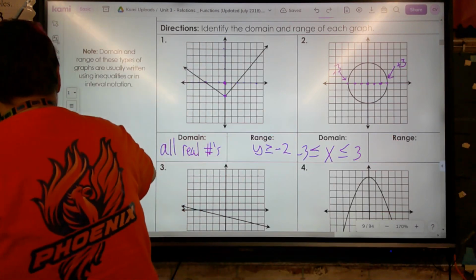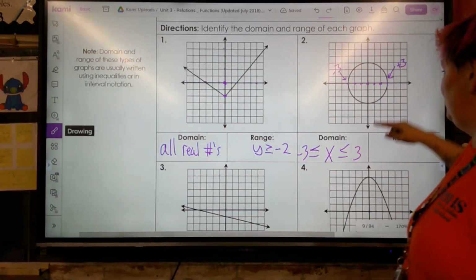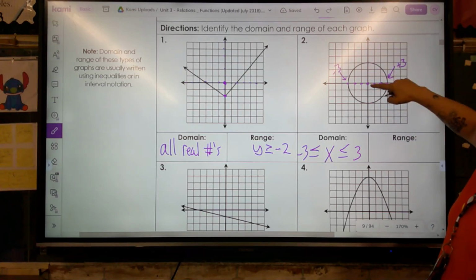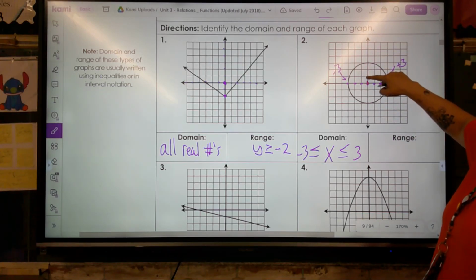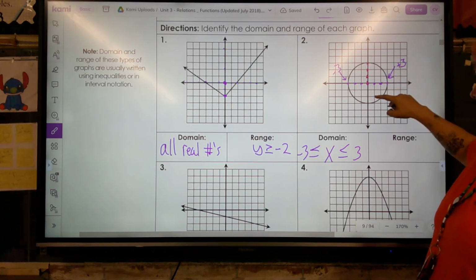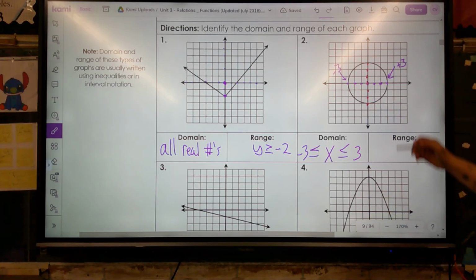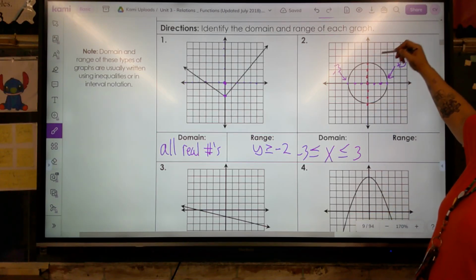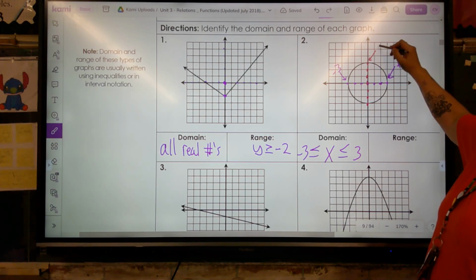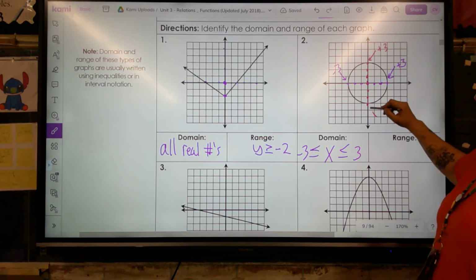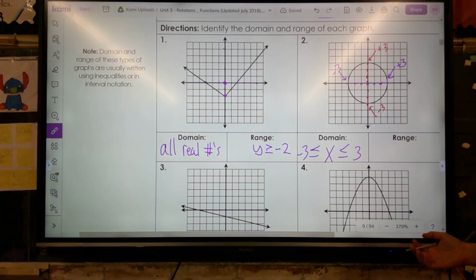Same with your range. Let's change the color. Your range on your y-axis, it's going to hit here, here, here, and here, and no further. So positive 3, right, is your outer limit here, and negative 3 is your lower limit, right?